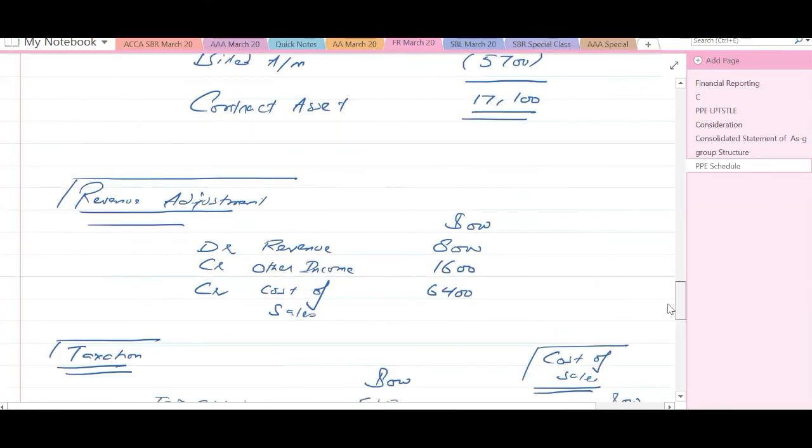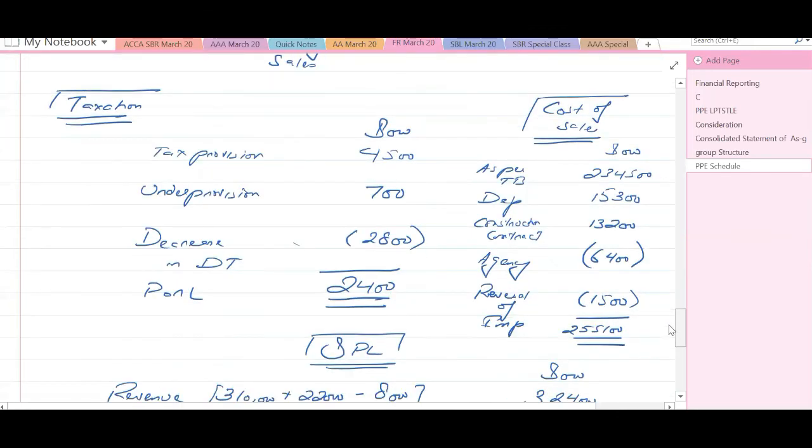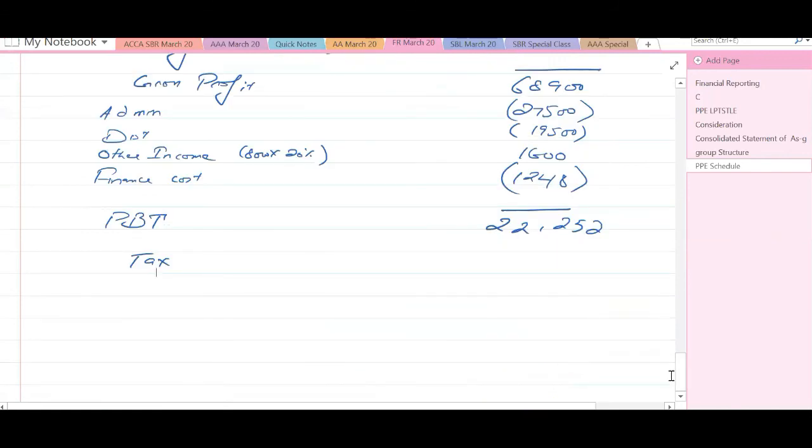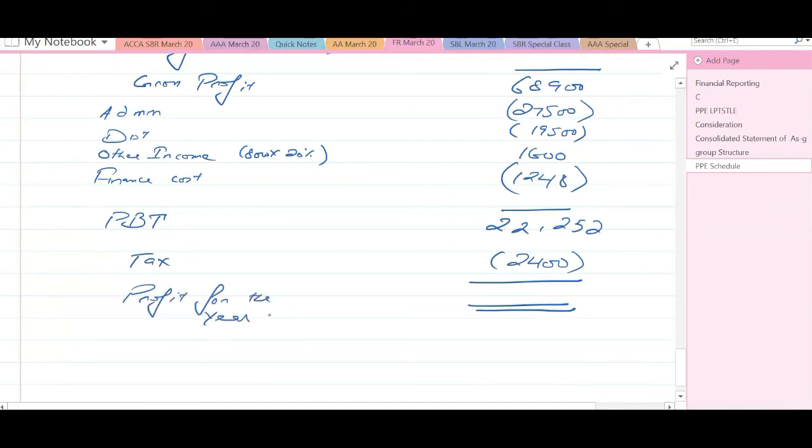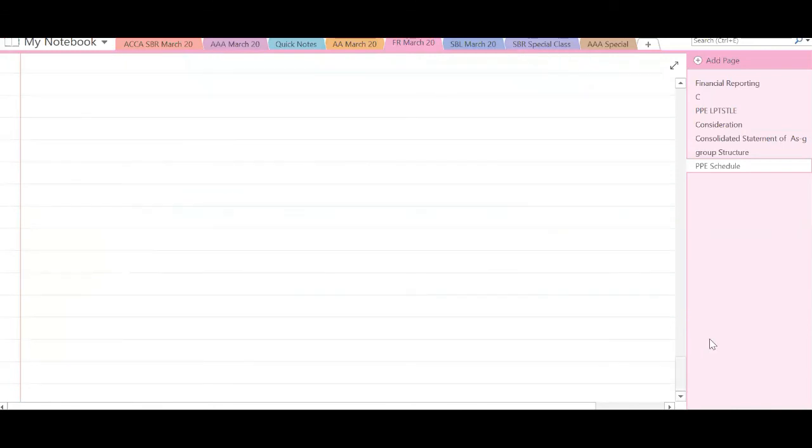How much was it? 2,400. So the profit for the year, as we have no other comprehensive income, is 22,252 minus 2,400, which is 19,852.